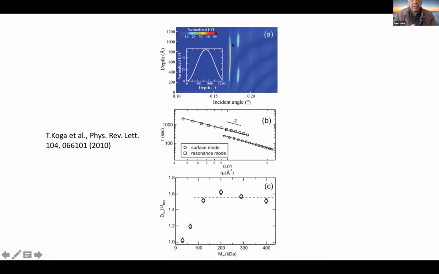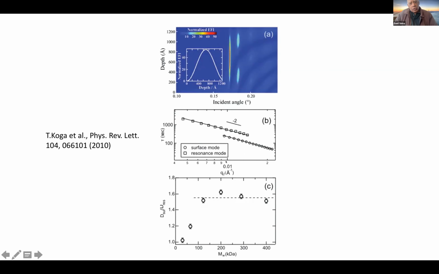This is the electric field intensity plotted here. So if you use one angle of incidence, you would be probing the dynamics of the gold particles in the middle of the film. If you used the other angle of incidence, you'd be probing the dynamics of the gold particles at the surface.